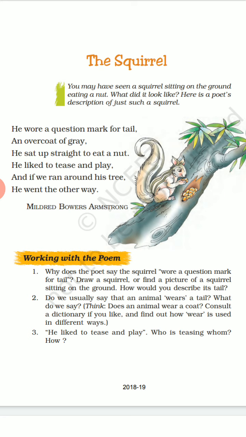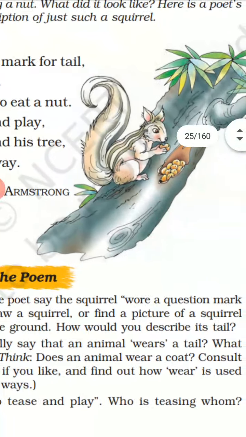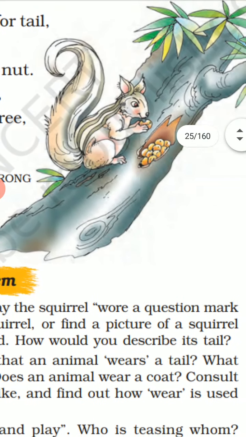Now let us see the third line. He sat up straight to eat a nut. He means the squirrel. Here the poet talks about one of the squirrel's activities, that is how the squirrel eats a nut. You know what a nut is, right? Here also you can see the picture. The squirrel is eating a nut.